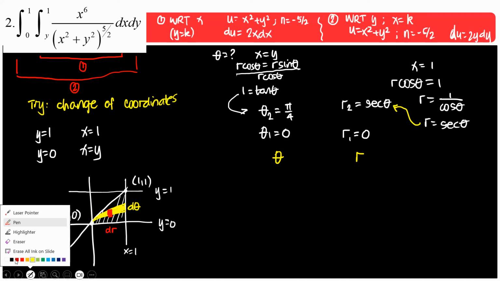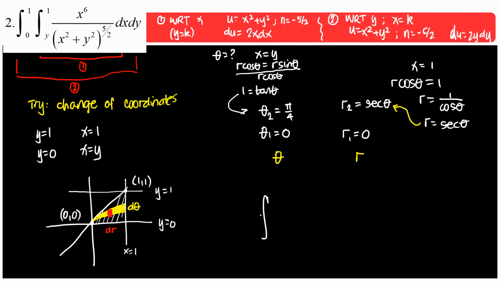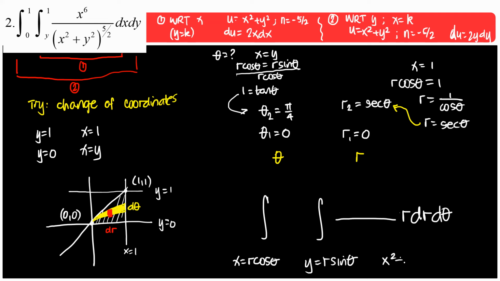So if I were to rewrite the function in terms of r and theta, so r dr d theta, that's x raised to 6. So x raised to 6, since take note that x is equal to r cosine theta, y equals r sine theta, and that x squared plus y squared is equal to r squared.